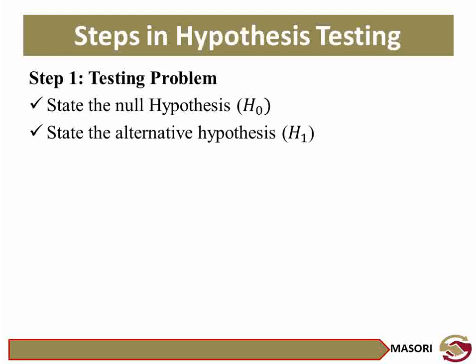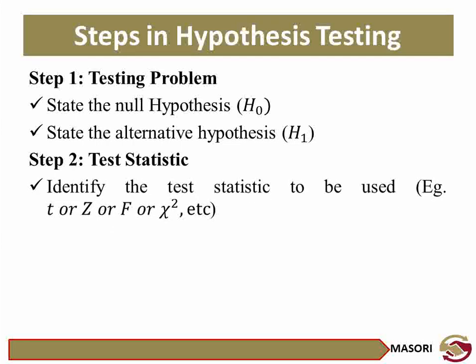Once you state your null and you state your alternative, you move on to step number 2, where you are now presenting your test statistic. You know what your null is, you know what your alternative is, then you need to identify which test is appropriate for you to be able to solve that problem. It can be the t-test or the z-test.